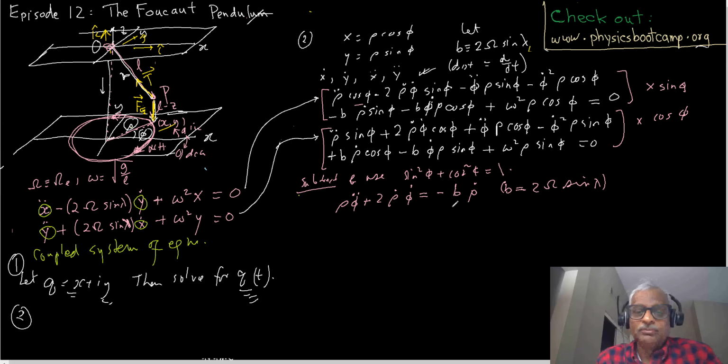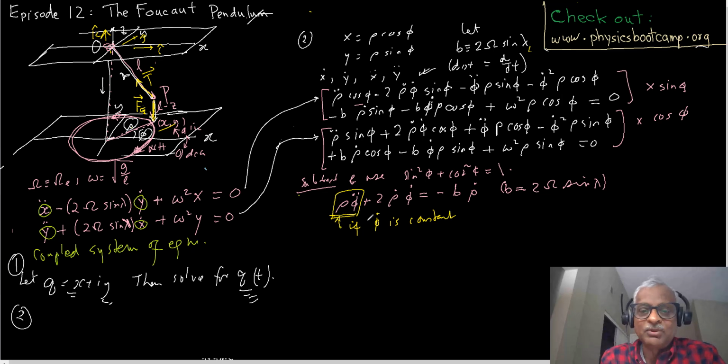Well, you can try to solve this numerically or something like that, but if this term wasn't there, it would be very easy to solve, right? So when would this term not be there? Well, if phi dot is uniform, if phi dot is constant, then this term will go away, which is a reasonable thing.